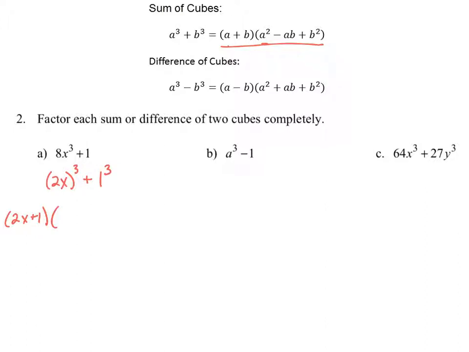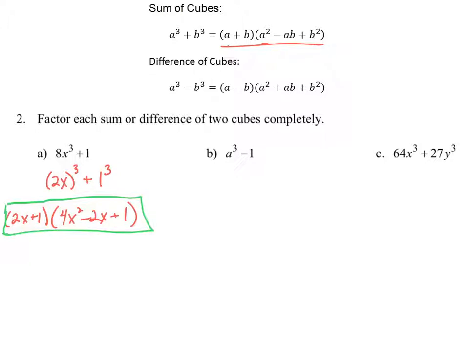So we take the first 2x and square it to get 4x squared. Minus a times b is going to be minus 2x times 1, plus b squared, 1. So that's our answer in factored form. We use the model equation for factoring the sum of cubes. You can check this by using the distributive property.